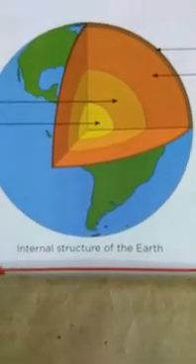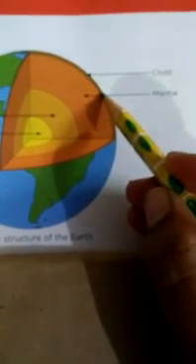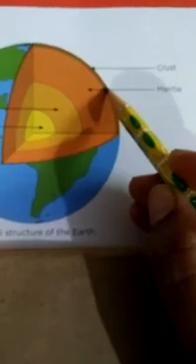Now let's see the internal structure of the Earth. This is the outermost layer of the Earth. Its thickness ranges from about 5 km below the ocean floor to about 70 km below the land.